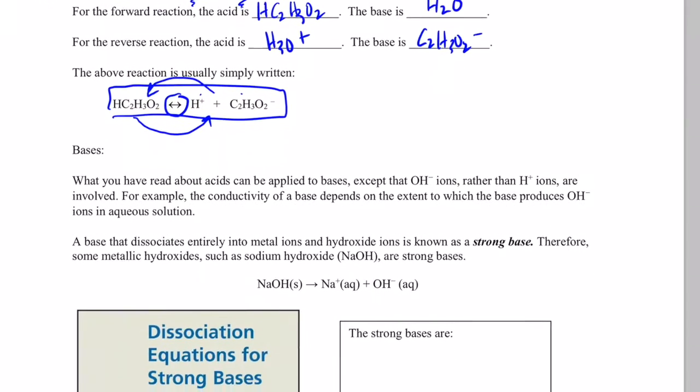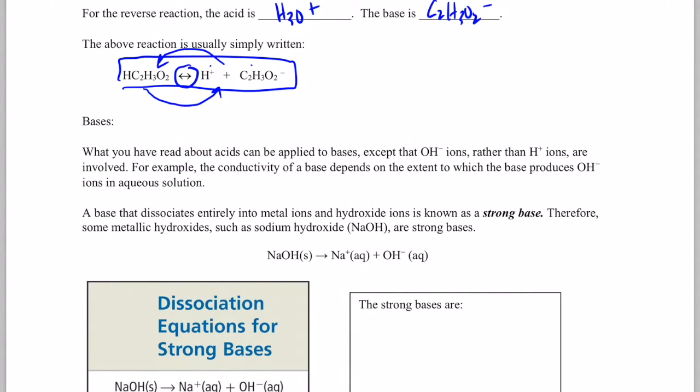Now, the same type of thinking can be applied to bases, except for bases, we're going to be producing hydroxides instead of hydronium ions or protons in water. So if we were looking at the conductivity of bases in water, some of them would produce lots of hydroxides, and they would be much better electrolytes than those that, when we place them in water, were poor conductors.